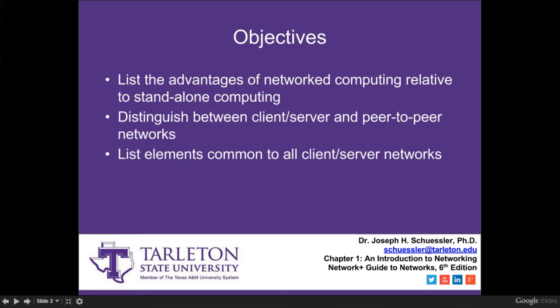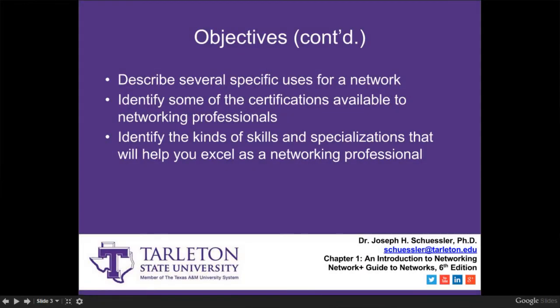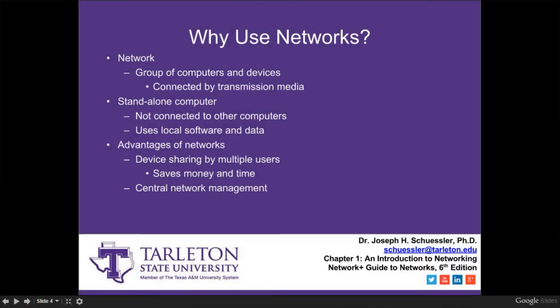We'll talk about some of the common elements to all client-server networks. We'll describe several specific uses for a network. We'll identify some of the certifications that are available to networking professionals. And then we'll finish up by talking about different kinds of skills and specializations that'll help you excel as a networking professional, help you get a job, and all that kind of stuff.